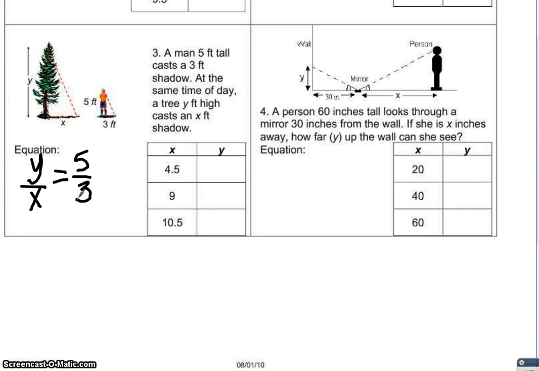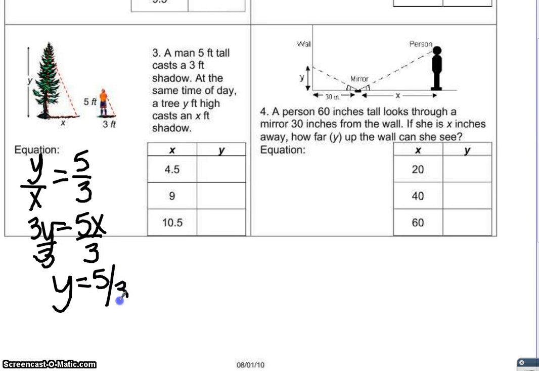When I cross multiply and solve, I end up with 3y equals 5x, and I divide both sides by 3. So I get y equals 5/3 x. Again, taking my 3 x values and plugging them into my equation, I get 7.5, 15, and 17.5.